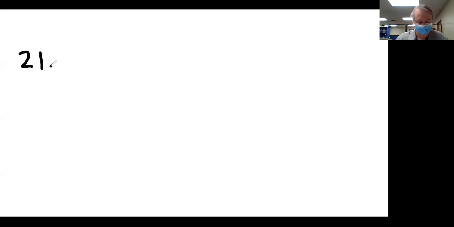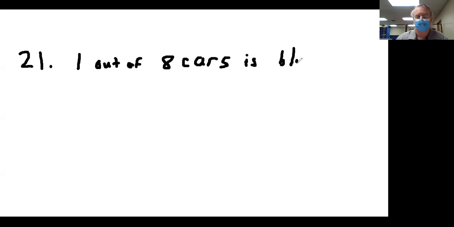Look at 21. 1 out of every 8 cars. What percentage are blue?